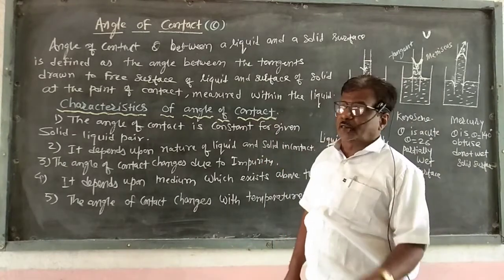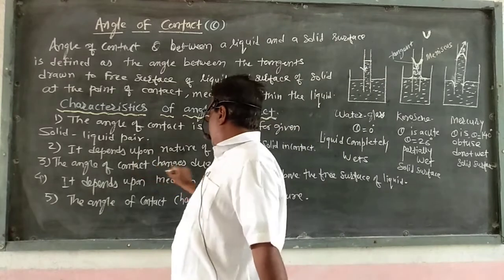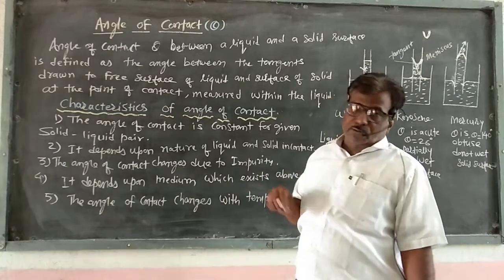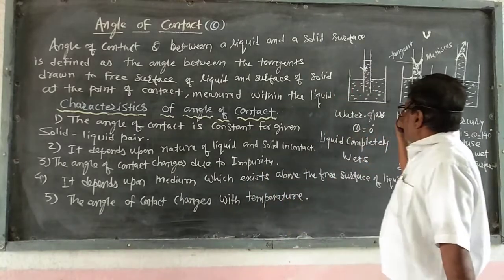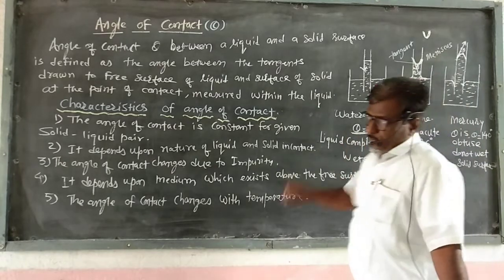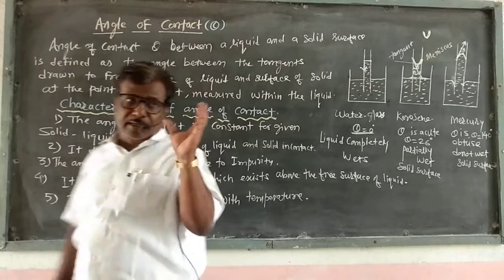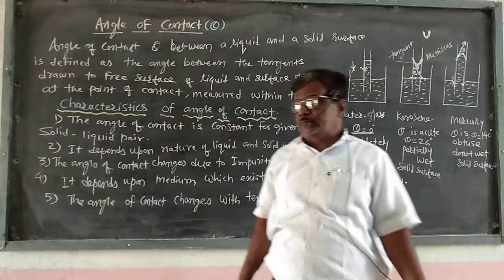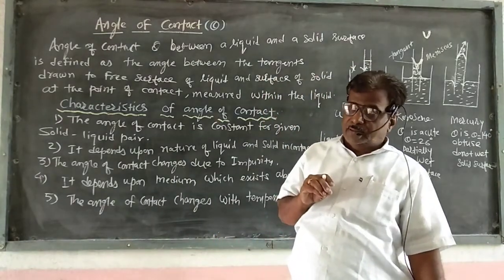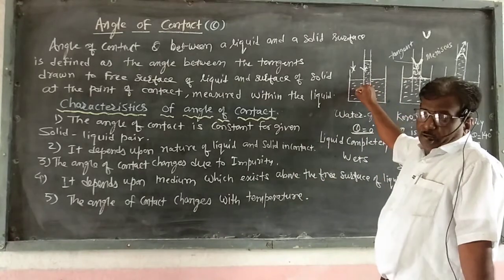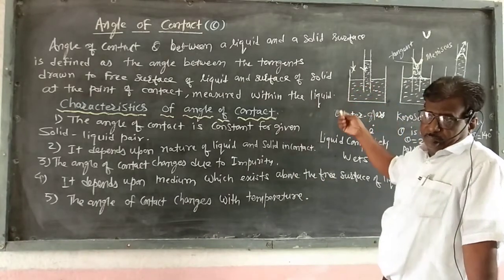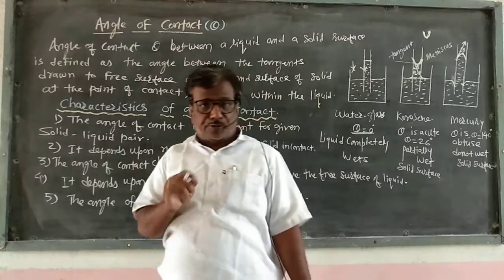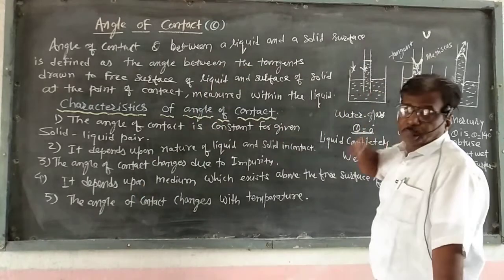Now we see the third characteristic. Angle of contact changes due to impurity. When we take pure water, the angle of contact is equal to 0 degrees. If in that pure water, in that beaker, we add some detergent like Surf Excel or Nirma, or phenol, kerosene, any mixture, or sodium chloride, salt or sugar, then this water is impure water.